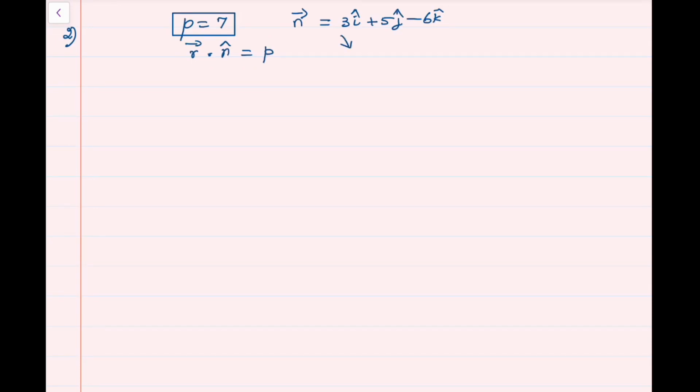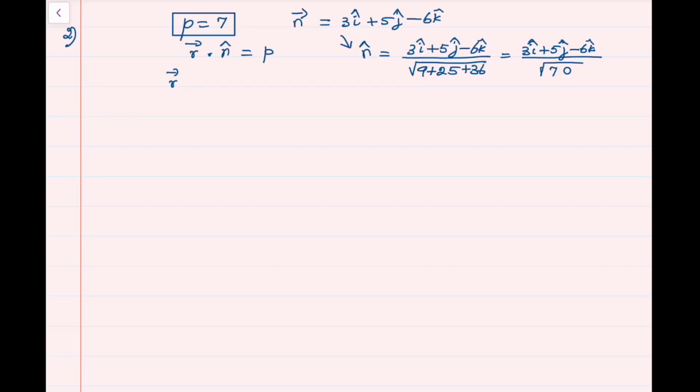We will change vector n to n cap by dividing by its magnitude. 3i plus 5j minus 6k divided by its magnitude, which is root of 9 plus 25 plus 36. We get 3i plus 5j minus 6k divided by root 70. Let us substitute n cap in the equation.